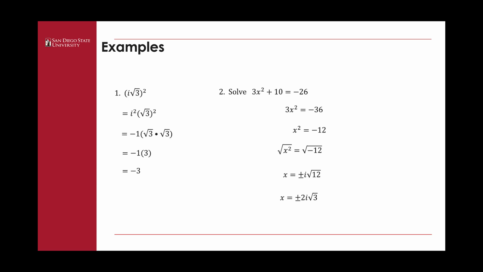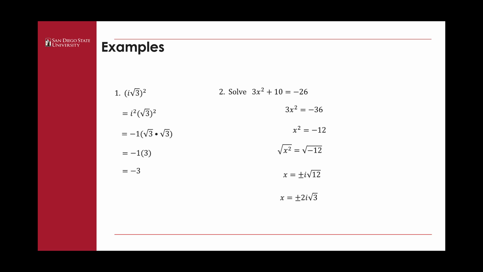And the second one, we have a polynomial. It is 3x squared plus 10 equals minus 26. Here we can subtract 10 from each side, and we will get 3x squared equals minus 36. So far we do not have i, but we will have soon.